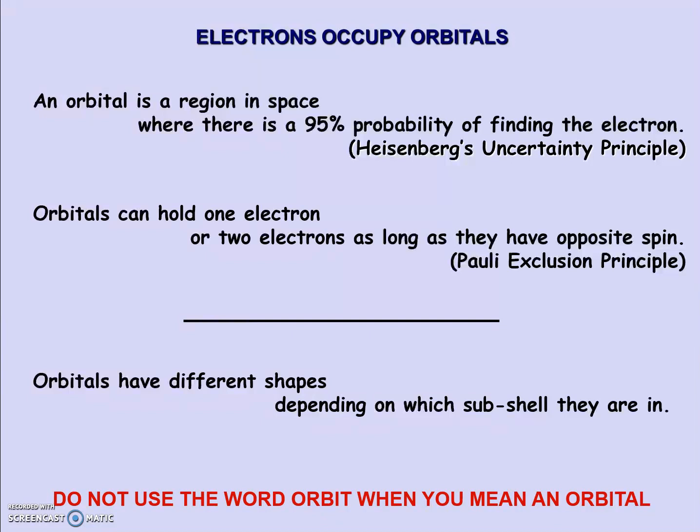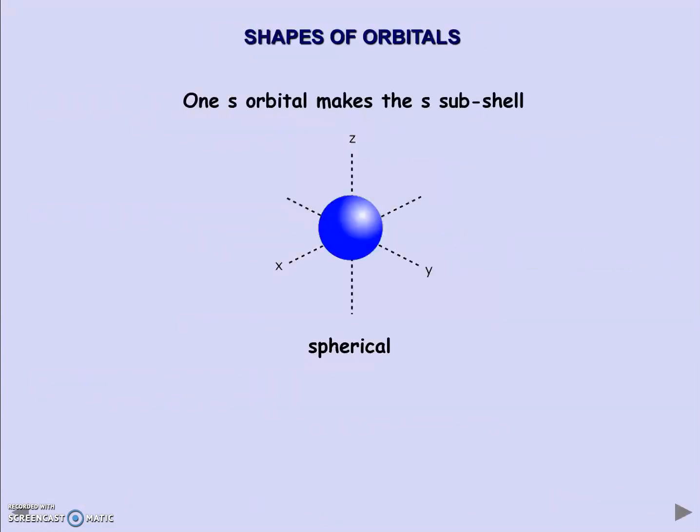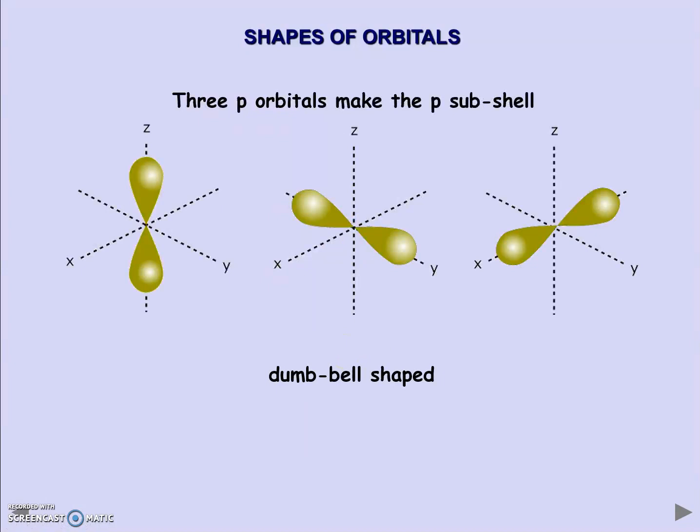The orbitals have different shapes depending upon which subshell they're in as well. Okay, so the shapes. The S orbital is spherical. That's easy to remember. S, spherical. The P subshell is divided into 3 orbitals, and each orbital can contain 2 electrons.